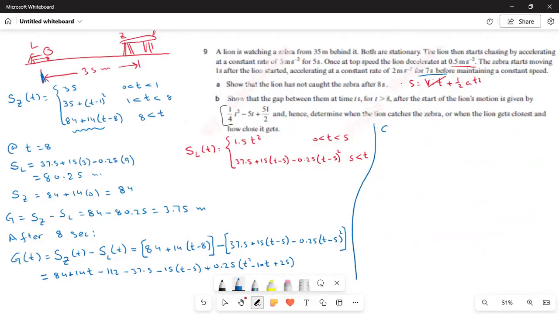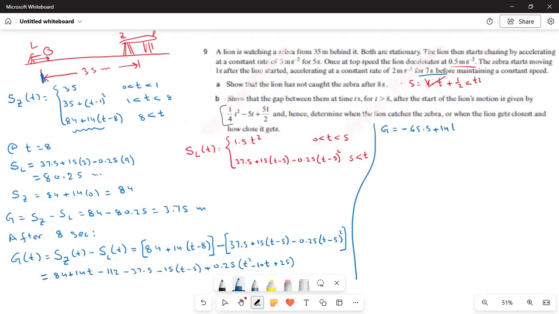Okay, so this gap is equal to 84 minus 112 minus 37.5, which equals minus 65.5. And then plus 14t.